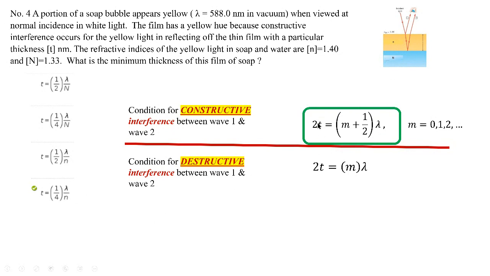So this answer really came from here, plus the fact that this should be the wavelength in that film, and the wavelength in that film is lambda over the index of refraction. Is that okay?